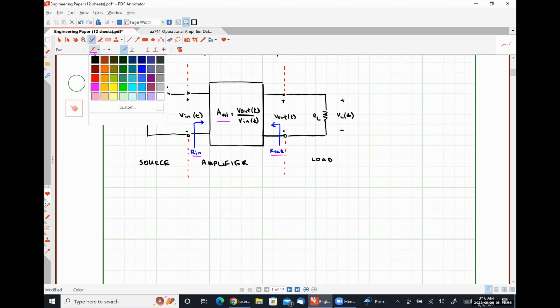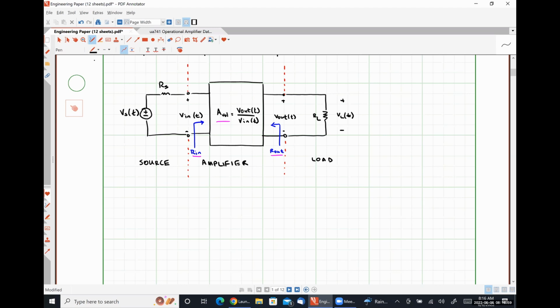So I'm now going to modify our simple representation of a voltage amplifier to include these quantities directly. So now, instead of seeing a black box representation, when we look into our amplifier circuit, we are going to see a resistance, Rn.